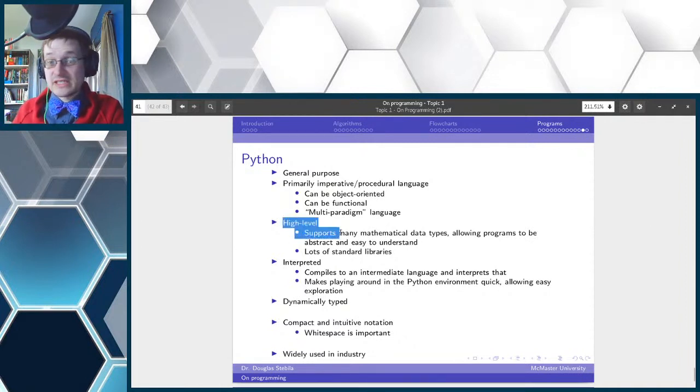Python considers itself to be a high-level language. It supports many mathematical data types and mathematical abstractions, and it has lots of standard libraries.